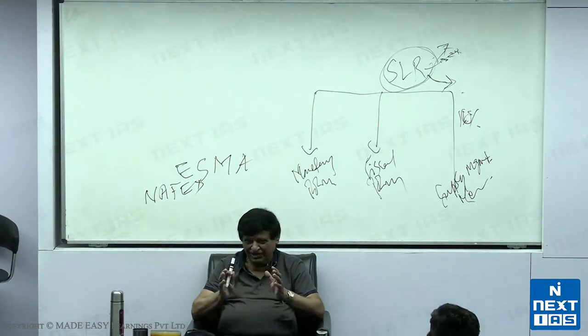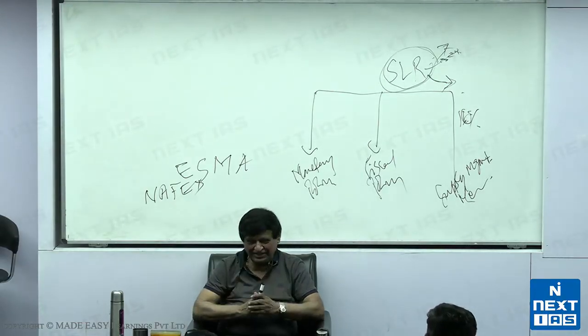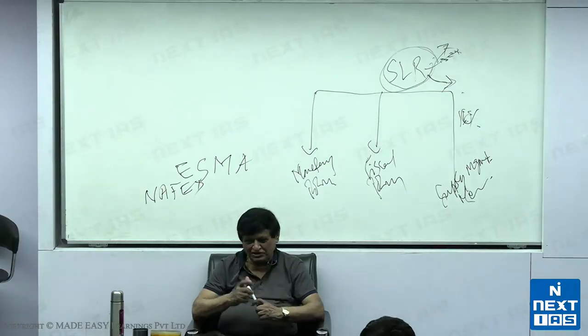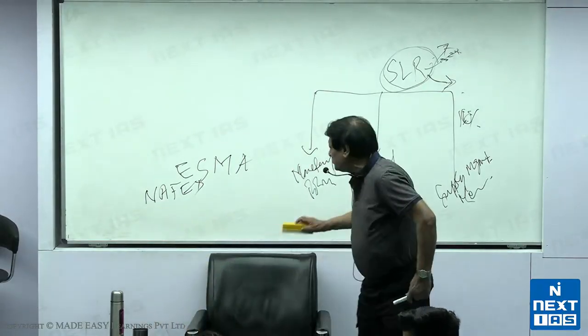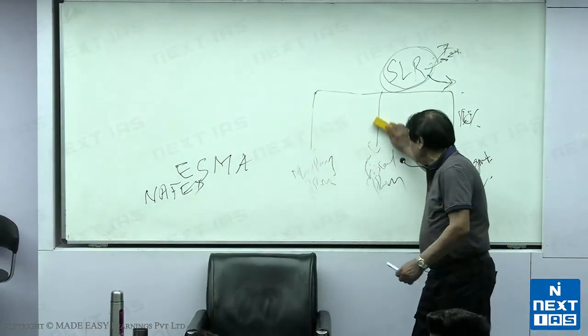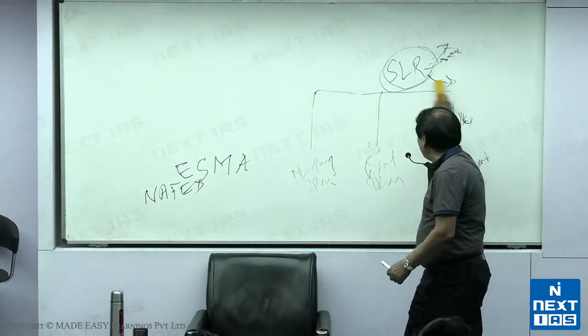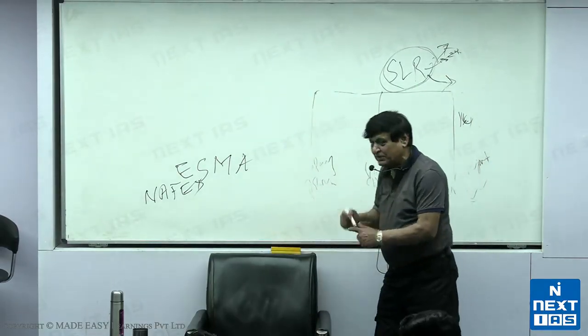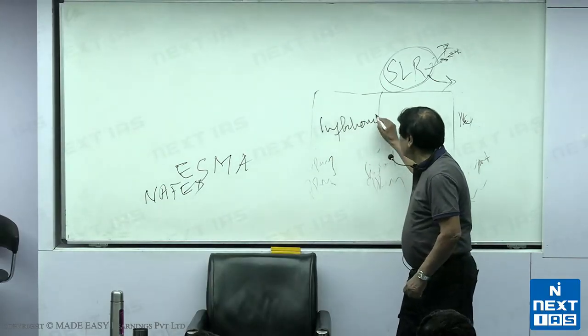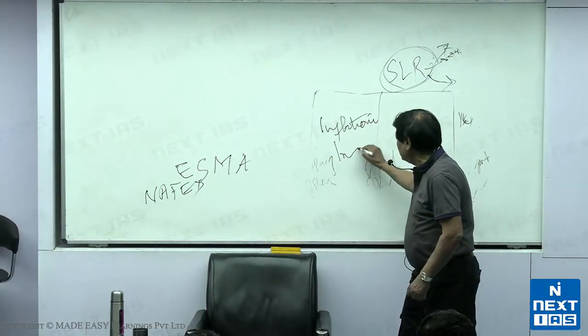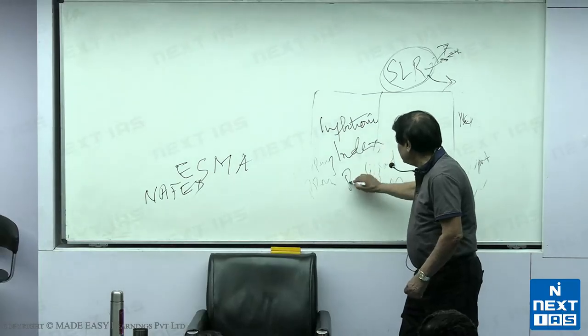Have I made myself clear? I said we are now going to discuss with you something very interesting, on which question has already come in the prelims, and as I said, since we had done it in the class, I was very happy the question came. The question is, what are inflation index bonds?